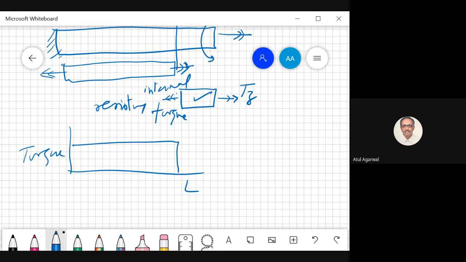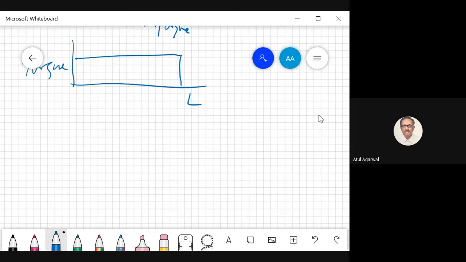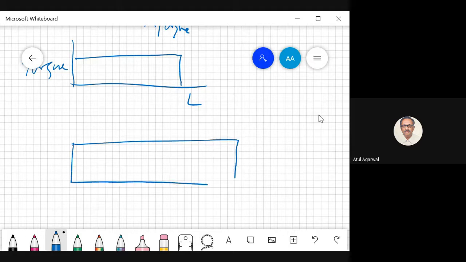Now we want to see what stresses are developed in this cylinder. So this is the way you can see your piece of cylinder. This is its cross section. This was your z-axis.